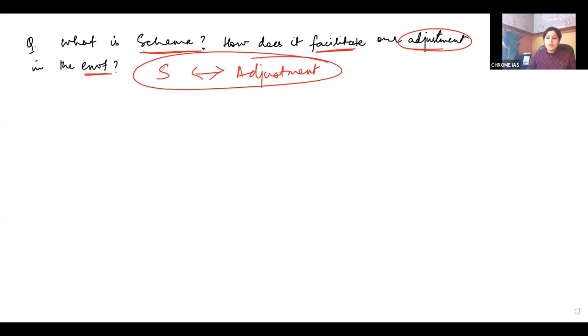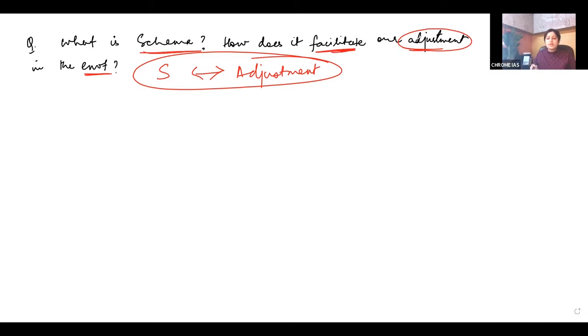So whatever you are writing, like behaviorist, in the previous question we were focusing on how we understood human behavior better. What new learnings or new information was added to our study of human behavior? Similarly over here, the theme of the question has to be how does it facilitate your adjustment?